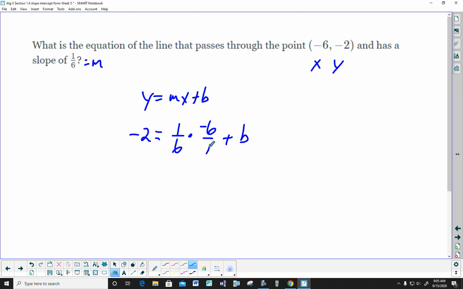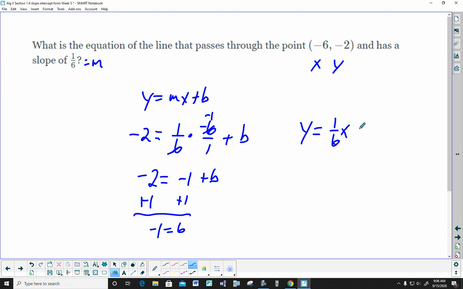If I put a 1 under that, again, I can see this fraction reduces, leaves you a -1. So I have -2 is equal to a -1 plus b. To solve for b, I need to get rid of this -1, so I'm going to add it to both sides. So I have -1 is b. So to finish writing it, y is equal to the slope, x, and -1. That's your final answer.